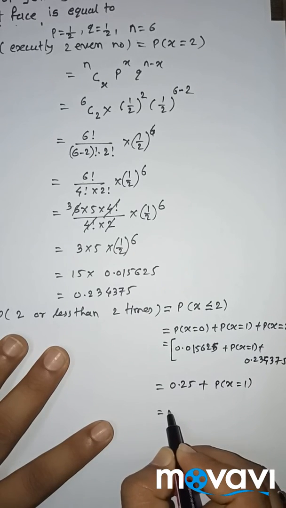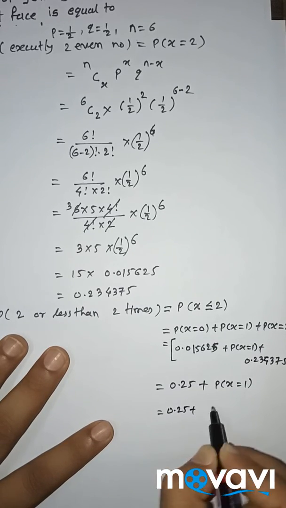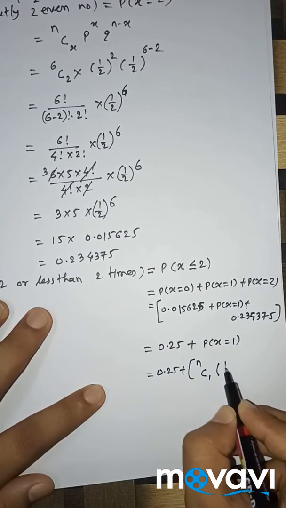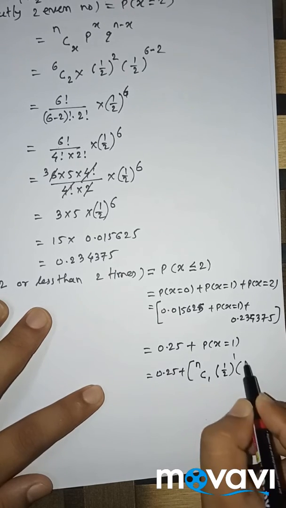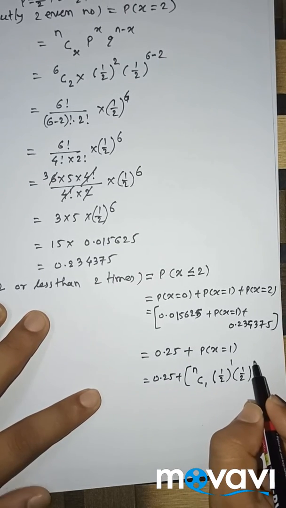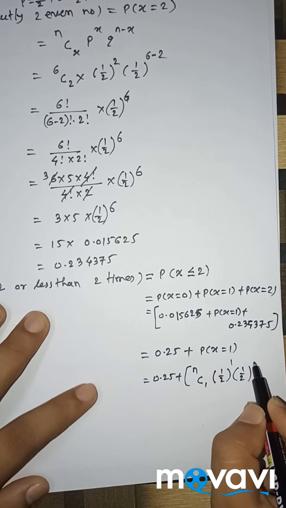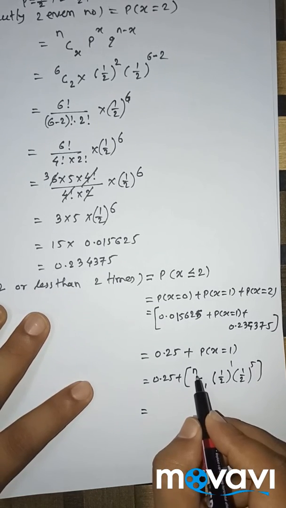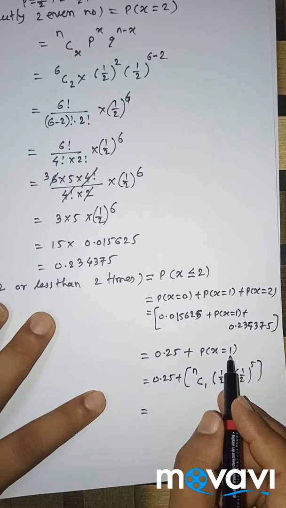This is equal to 0.25 plus, here nCx is nC1, into p raised to x, p is half raised to 1, into q is again half raised to 6 minus 1, which is 5.